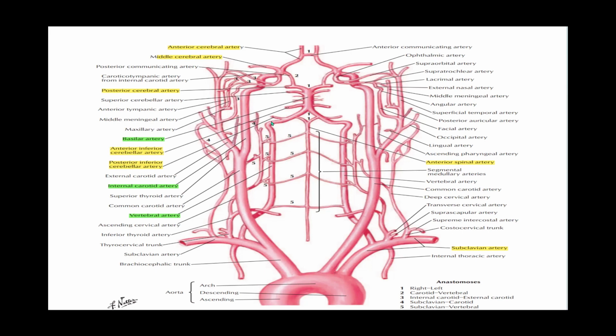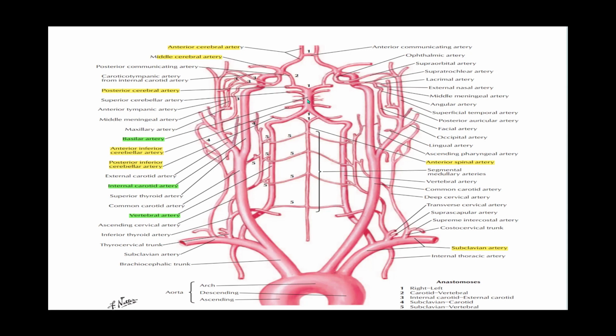And then the right and left vertebral arteries would join terminally to form this basilar artery, as we can see. And there we can see our posterior cerebral arteries. So the posterior cerebral arteries are terminal branches of the basilar artery.